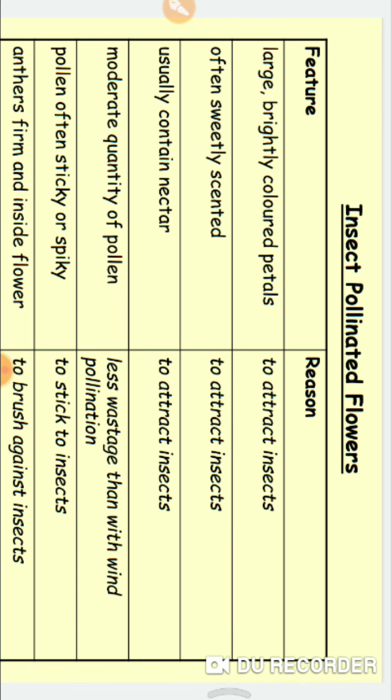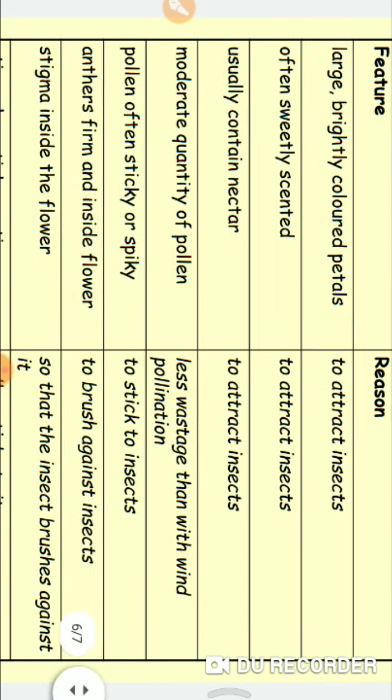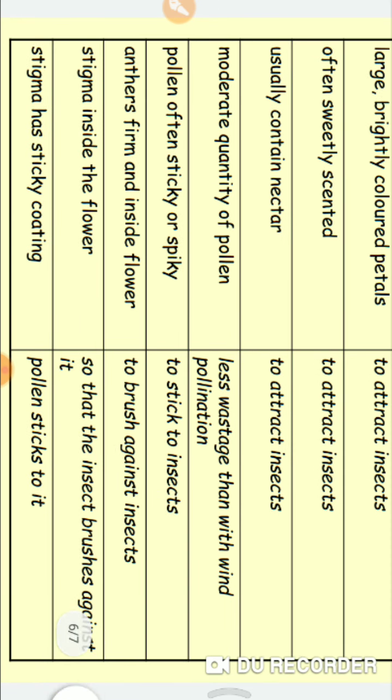They are sweetly scented because insects can sense scent, so they come close to the flowers. They usually contain nectar and some pollen. The pollen grains have to be very sticky so that they can stick to their legs.